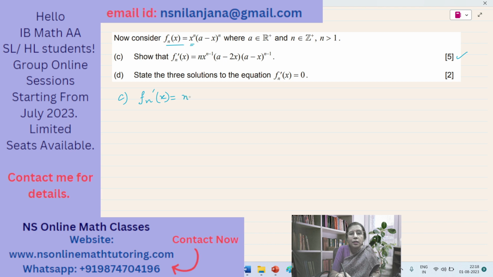So this is n times x to the power of n minus 1, and (a minus x) to the power of n, plus x to the power of n, and this n will be coming down, so it is n times (a minus x) whole raised to the power of n minus 1.